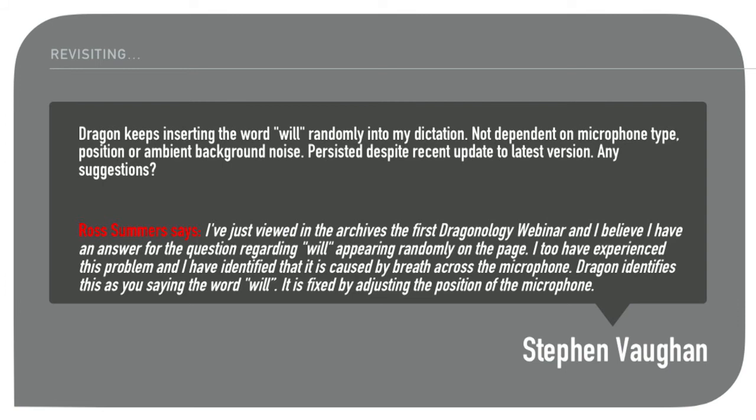So I know, Stephen, that you said that it looks like it's not dependent on microphone type, position or ambient background noise. It may be that you're doing a sharp intake of breath or swearing at Dragon or something like that. So maybe just see if you can focus on consistency in the dictation and try not to put any strange breathing noises in there, air noises across the top of the microphone.